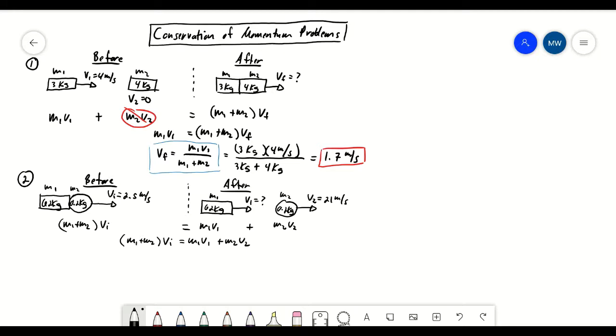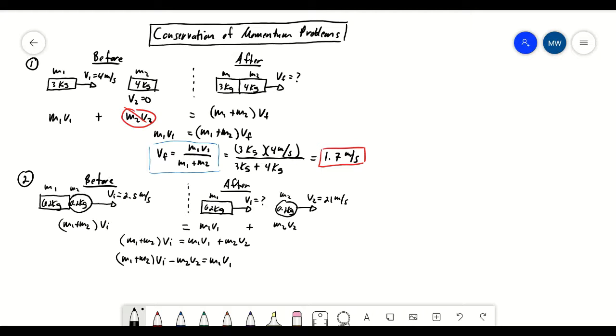Okay, and what we're trying to do is solve this for v1. We have to solve it for this. So the way that I'm going to do that is I'm going to subtract m2 v2 from both sides. So I'll have m1 plus m2 times v initial minus m2 v2 equals m1 v1.